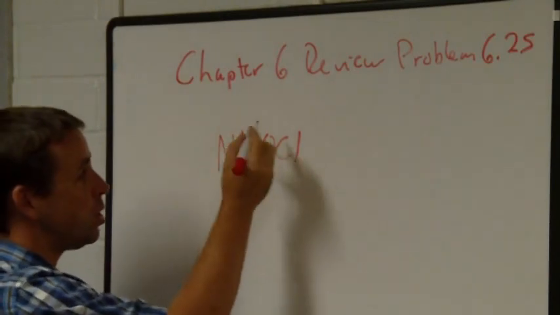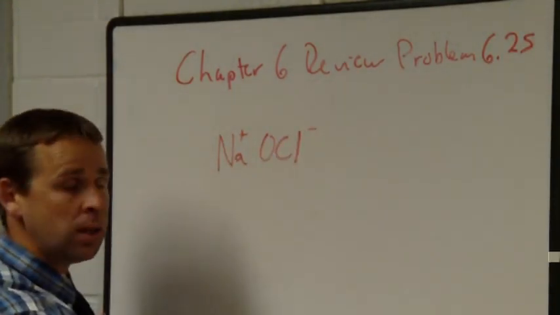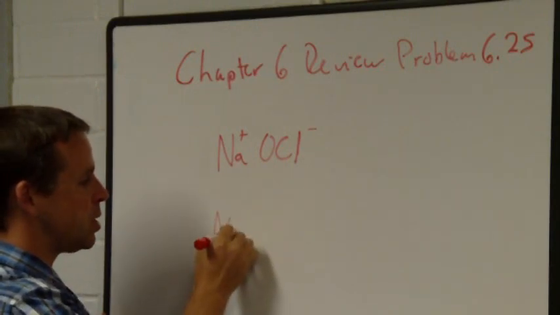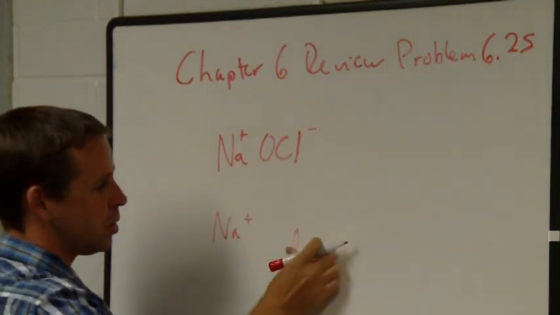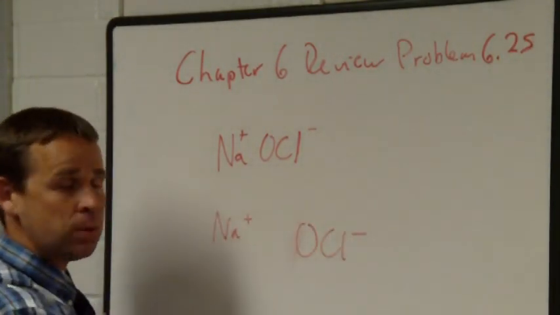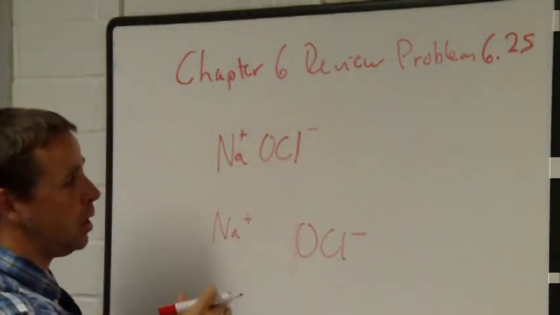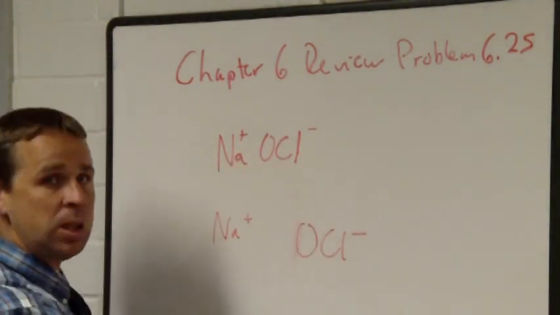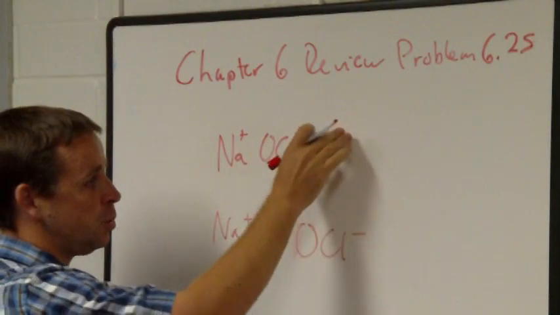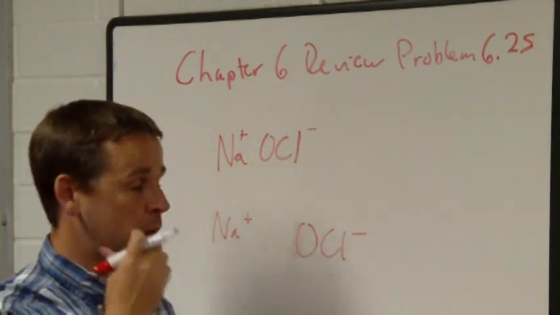This has a plus charge and that has a minus charge on it. We can do two things here. We can split this up into ions, OCl minus, and solve them individually, or we can solve them together, because the sum of the oxidation numbers is going to be equal to the charge on the compound.